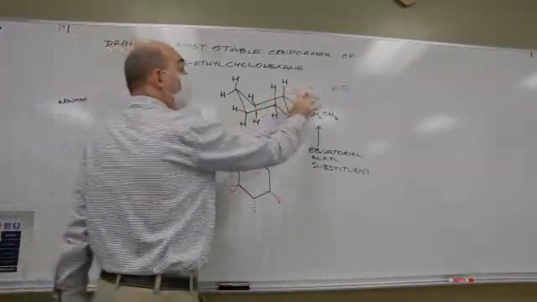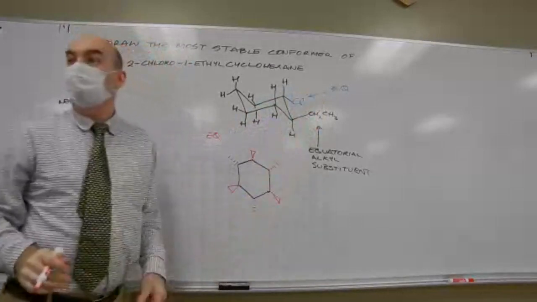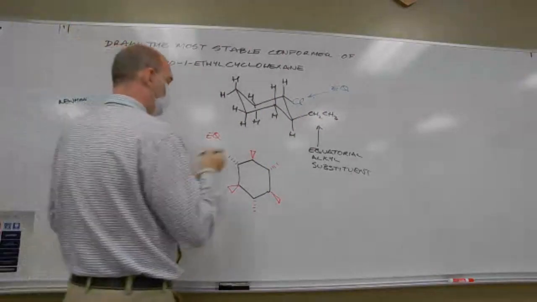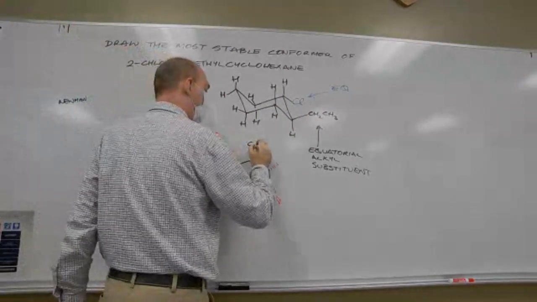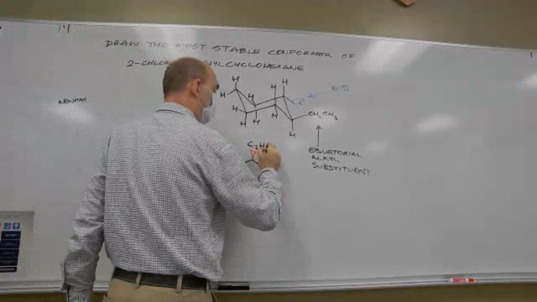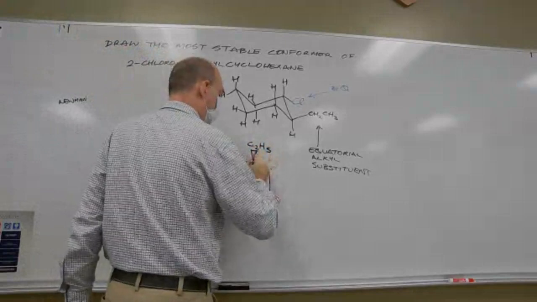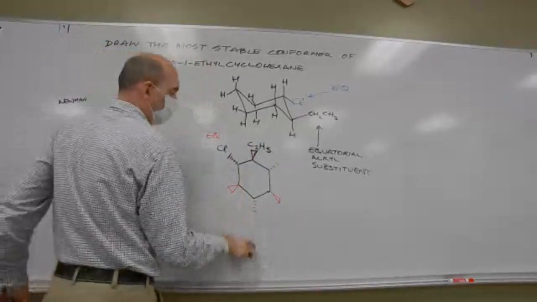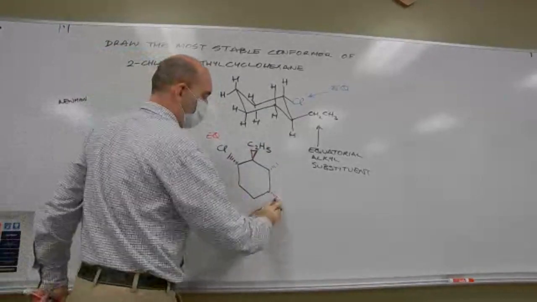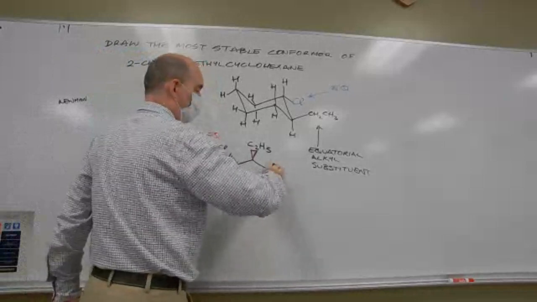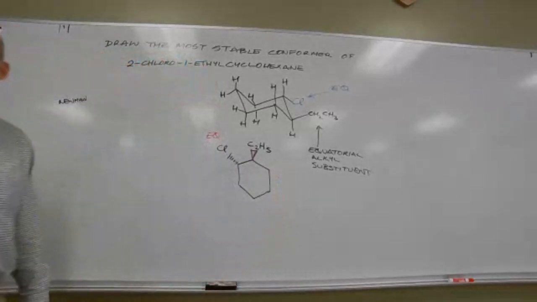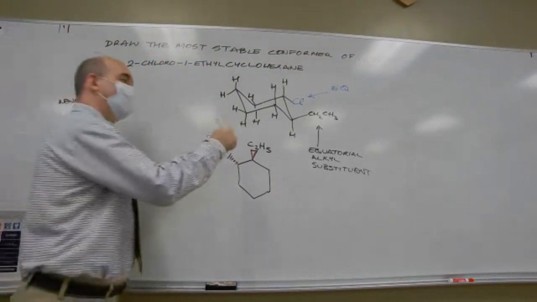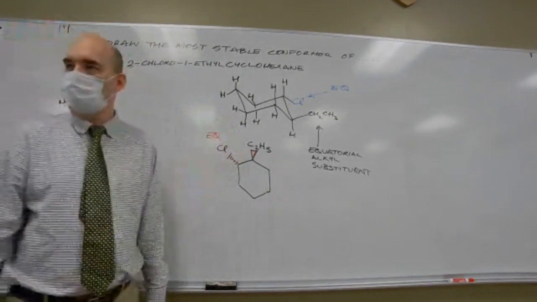So knowing that I've got two groups next to each other and they're both equatorial, this is an alternate way of saying that. Now they're both equatorial and they're next to each other.